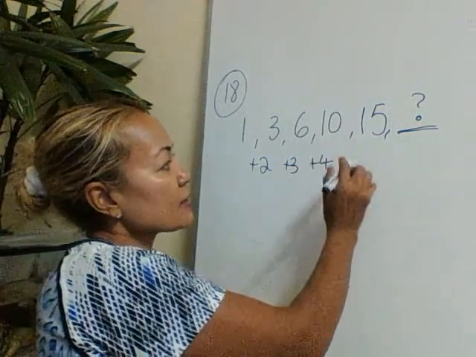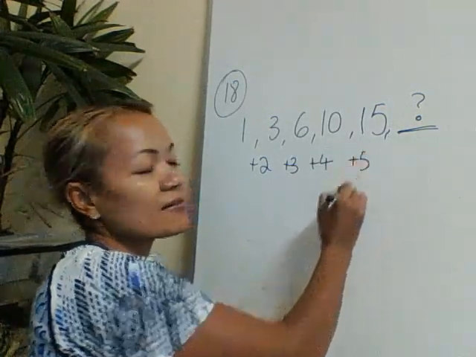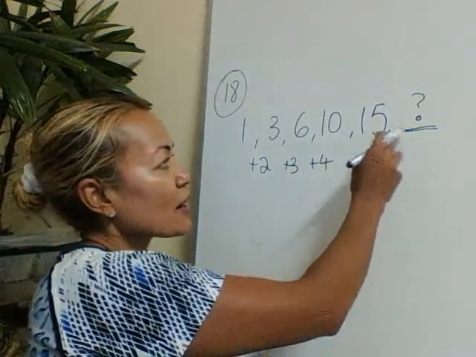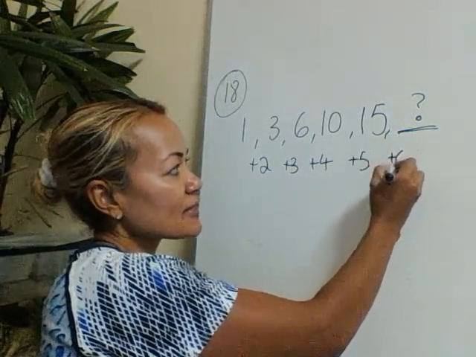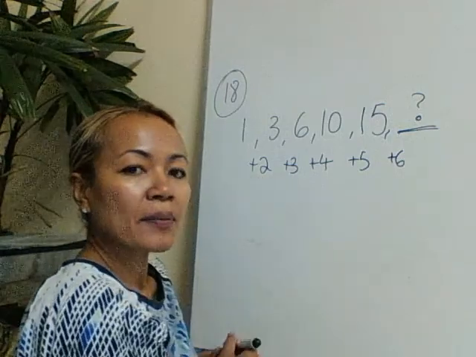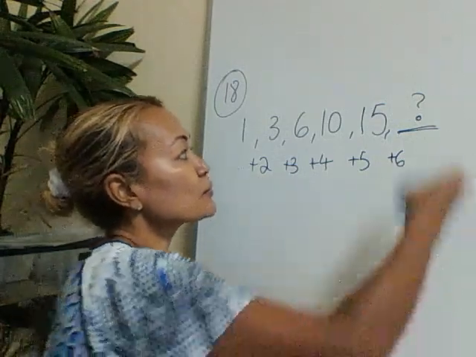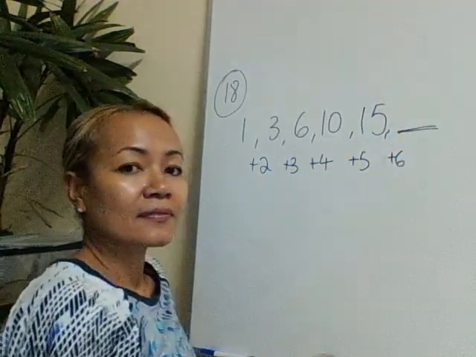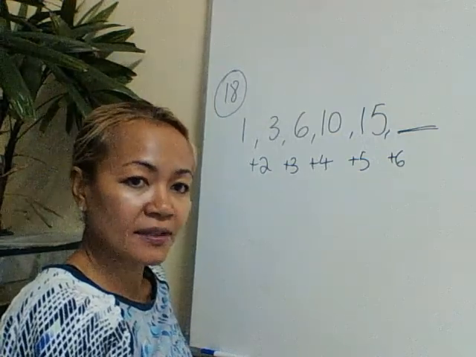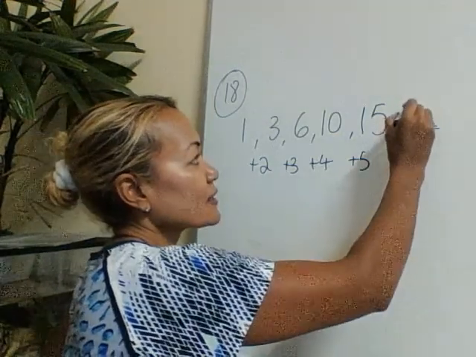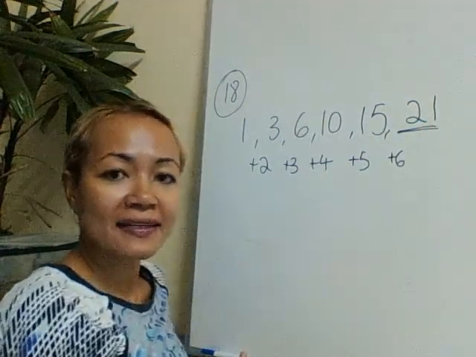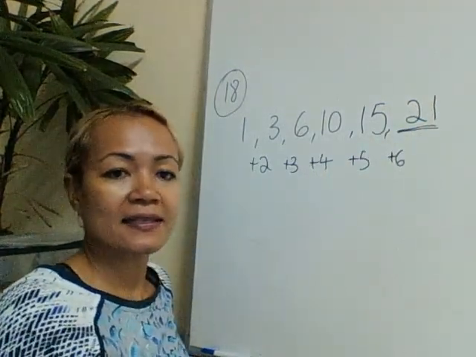Then between 10 and 15, plus 5, right? So how will we find the next number? Plus 6. 15 plus 6 is equal to 21. And that's the answer. That's the next number in the sequence.